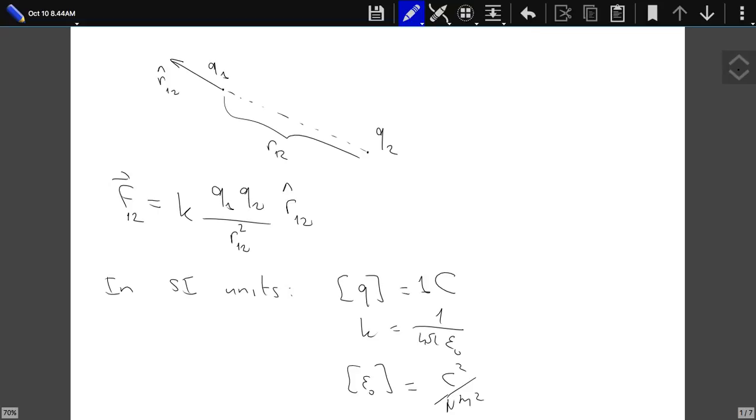Well, this observation doesn't tell us which units to use to quantify the electric charge. In standard units, we are using the Coulomb to specify the electric charge. In terms of Coulomb, this constant K, the proportionality constant, is just 1 over 4 pi epsilon 0.